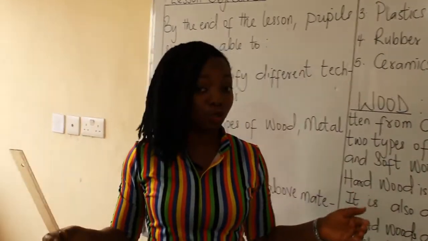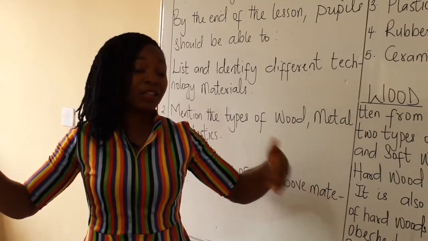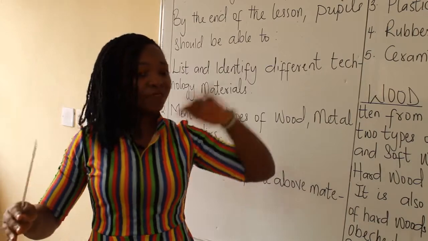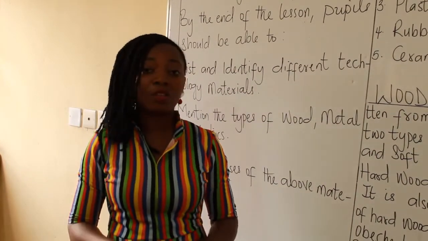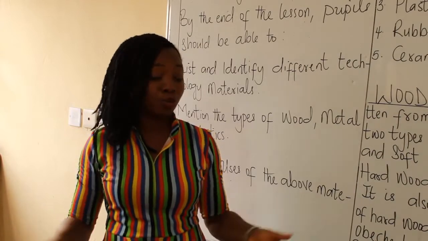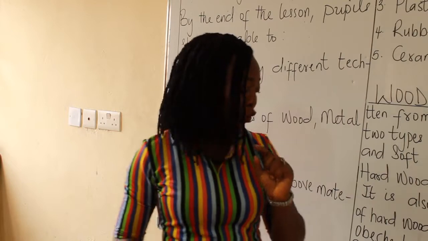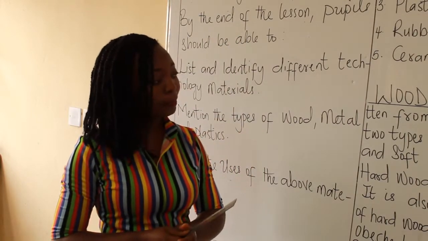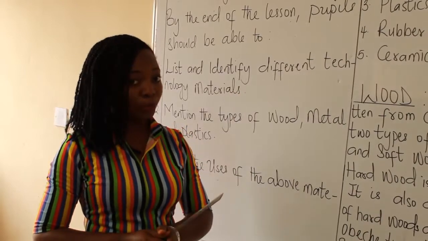Shrubs are small trees. They do not grow big in size. They're not tall and they're not big. Just like the orange tree and the mango tree, they're referred to as shrubs. And we get softwood from shrubs. Okay, that's it about wood.